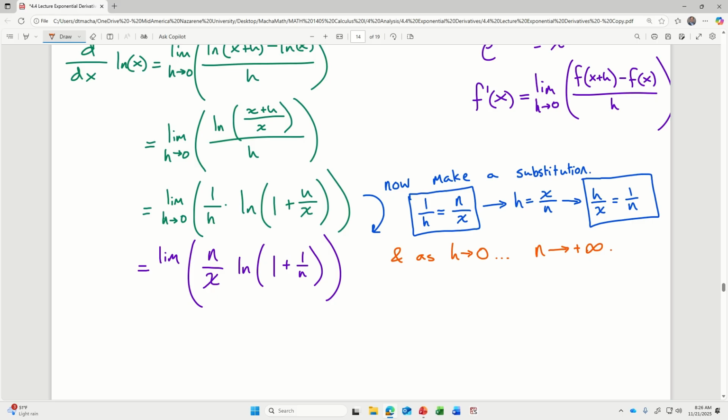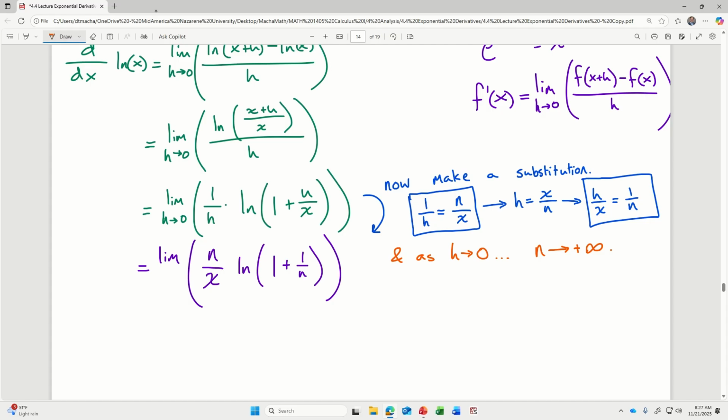If I've got 1 divided by a number that's getting tinier and tinier as h approaches 0, this 1 divided by h is going to become bigger and bigger. It's going to grow toward infinity. And if x is just some number we're plugging in, n is going to have to take on the burden of growing to infinity. So n blows up to infinity when h approaches 0 because of that reciprocal relationship.